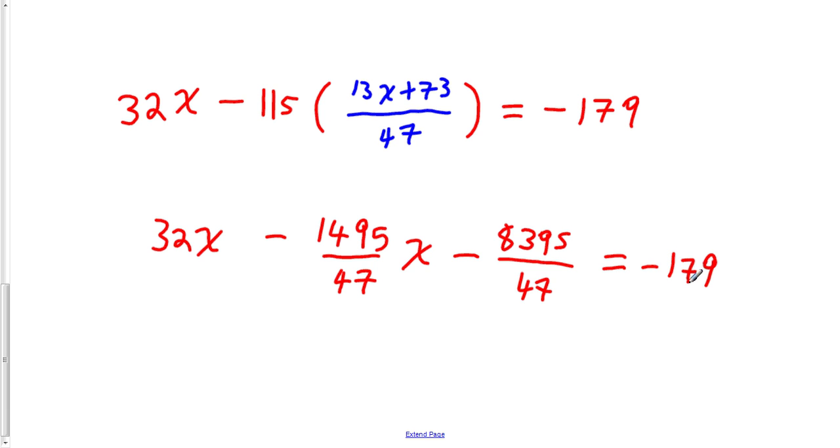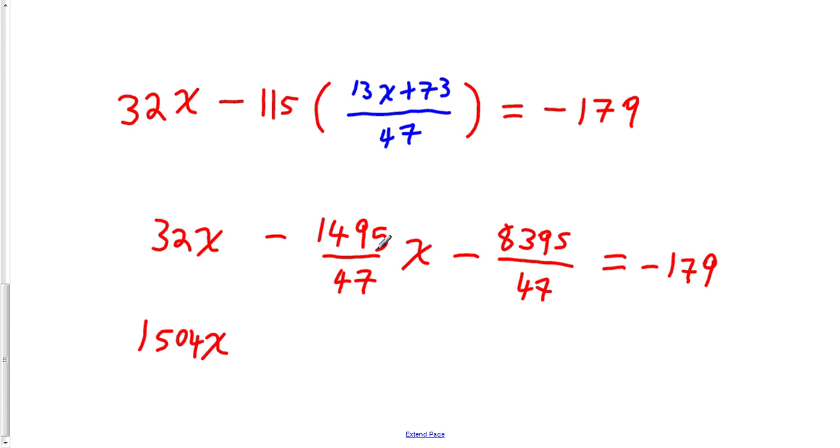All right, now what I'm going to do here is clear the fractions. I'm going to multiply every term by 47 to clear out the fractions. This first term will become, well, 32 times 47 is 1,504x.